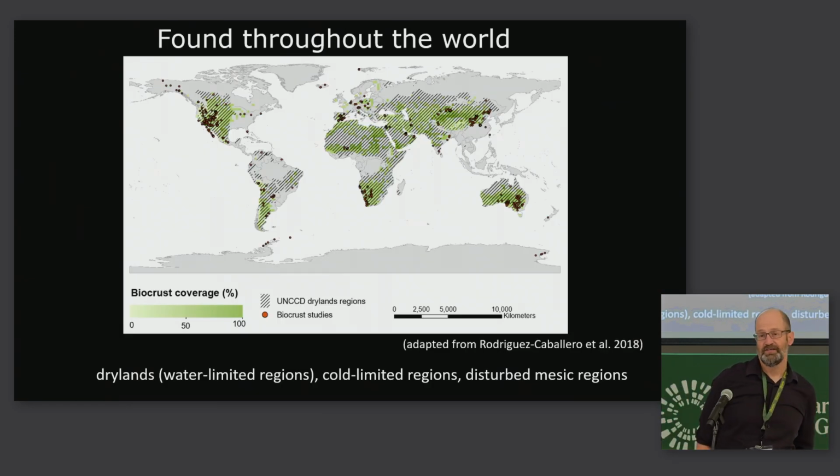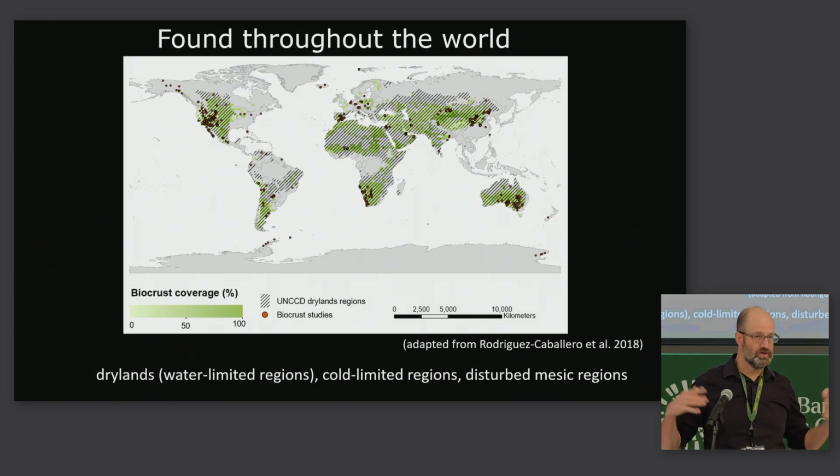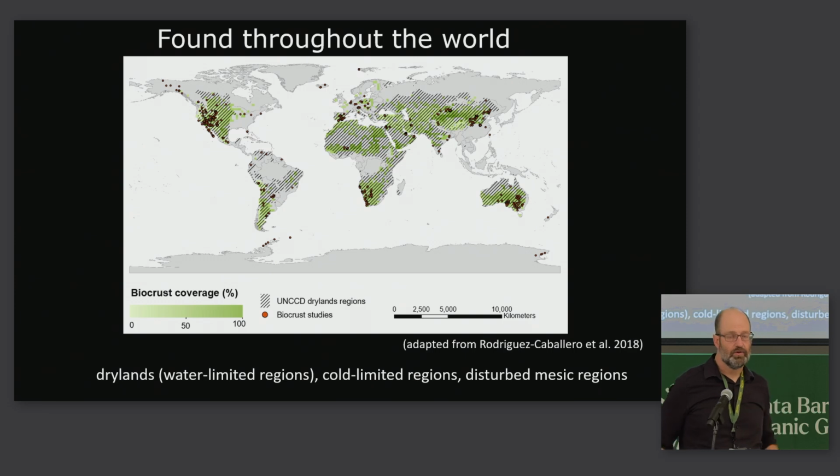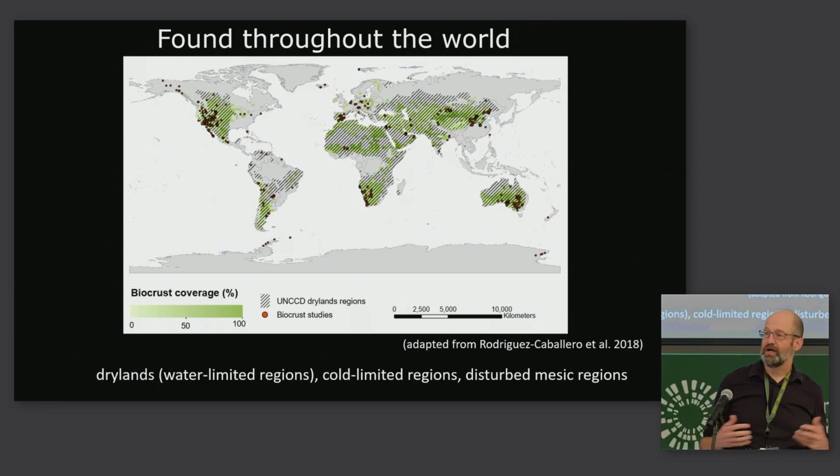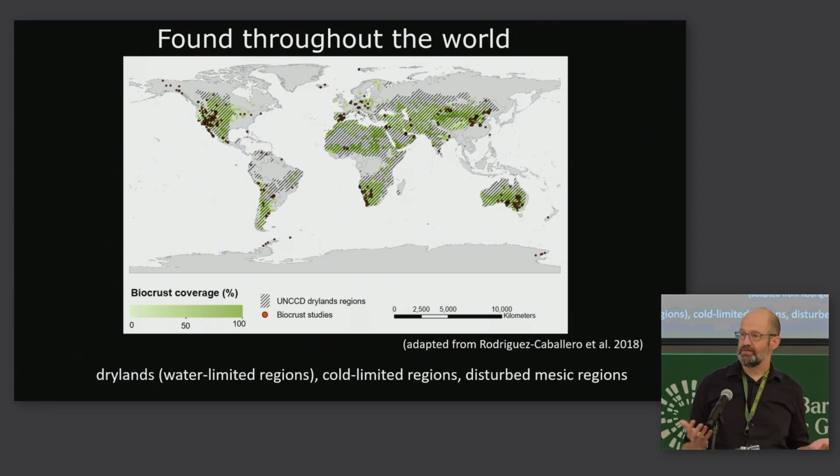So we find these biocrusts all over the world. Here's a map published recently that depicts where biocrusts are expected to occur, and the dots are showing where biocrust studies have actually been published from. In general, the habitats you tend to find them, or where they're most well documented, are dry lands, okay, so water-limited environments.